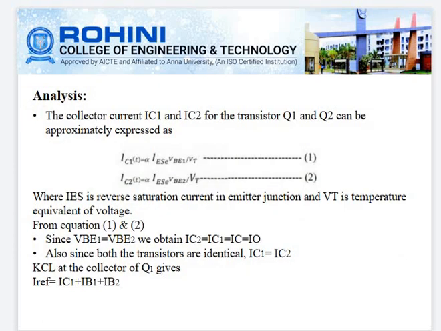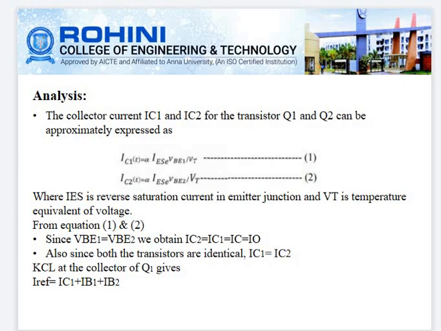Analysis. The collector currents IC1 and IC2 for the transistors Q1 and Q2 can be expressed as IC1 equal to alpha into IES into e power VBE1 by VT. Similarly, IC2 equal to alpha into IES into e power VBE2 by VT.